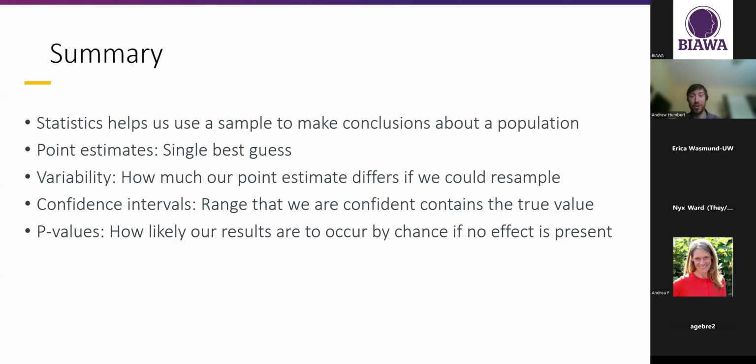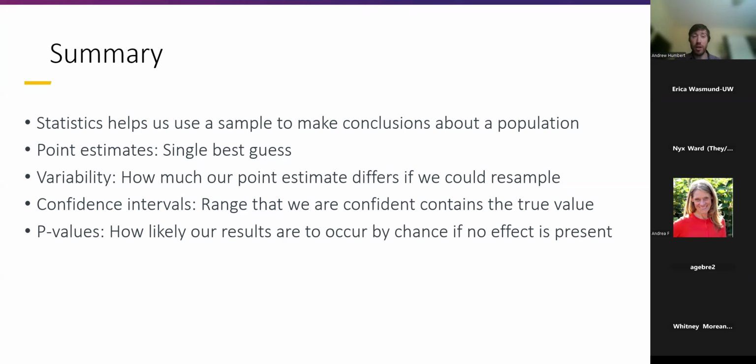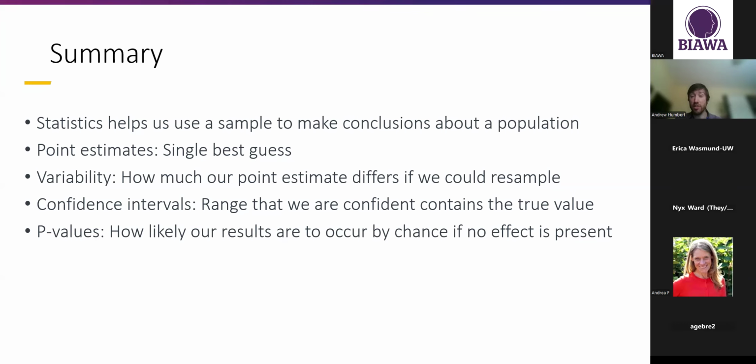Again, we can't actually keep doing studies over and over and over again, but we get at this theoretically by looking at how much the individuals in our study vary, as well as the sample size, and those two combined tell us how much we expect our point estimate to differ if, in theory, we were able to repeat this study over and over and over again.